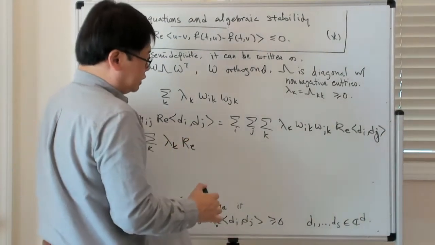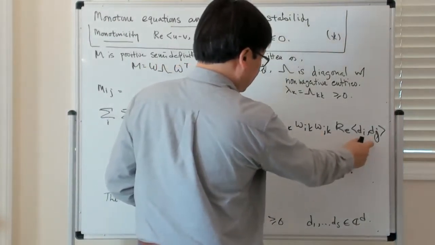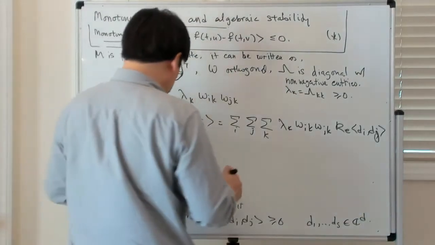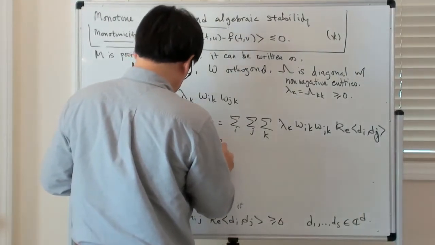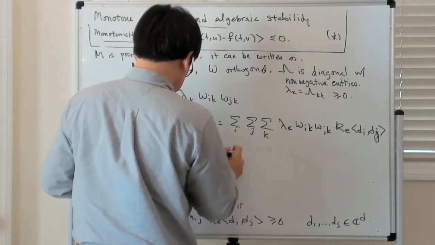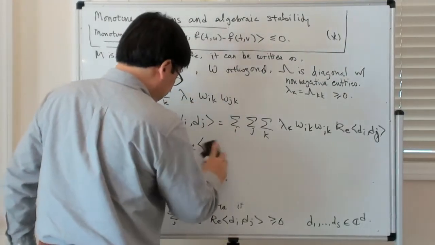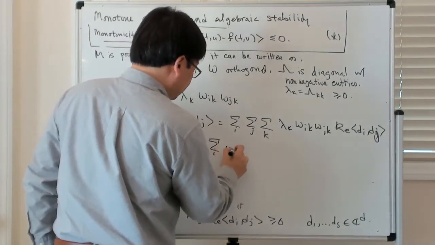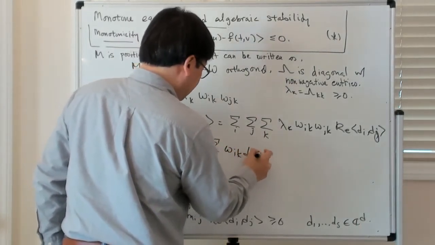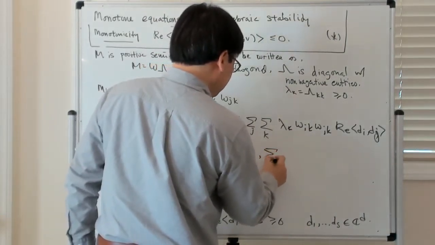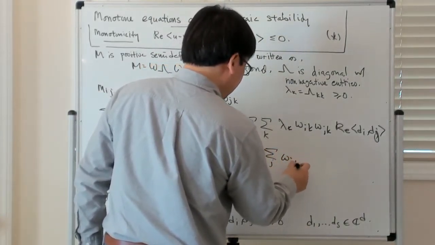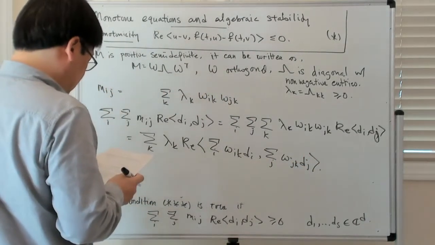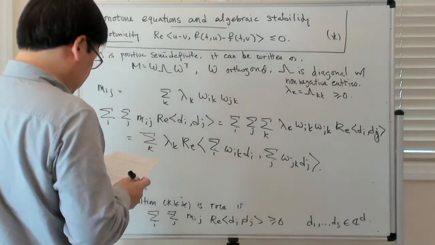So what I can basically do is put these coefficients into this inner product: the inner product of sum over i of w_ik d_i, and sum over j of w_jk d_j.